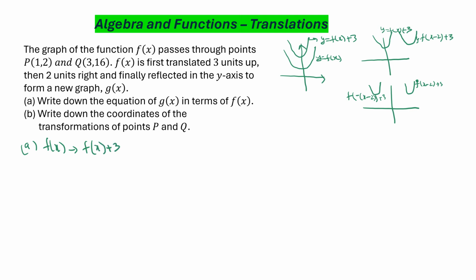And then from there it would be f(x minus 2) plus 3, that is 2 units to the right. And then it is reflected on the y-axis, so it will be f(minus x minus 2) plus 3, which equals f(2 minus x) plus 3, and that's what g(x) is. So that is the answer.